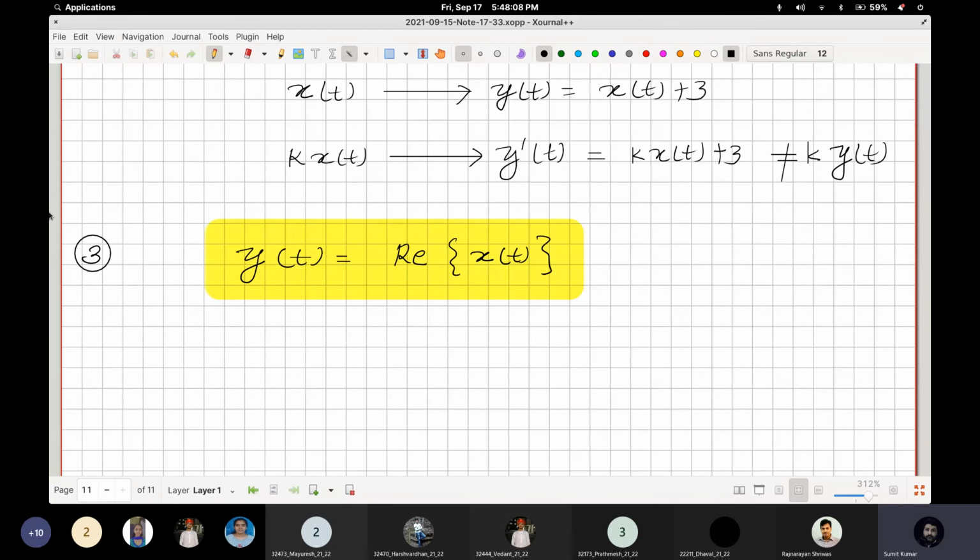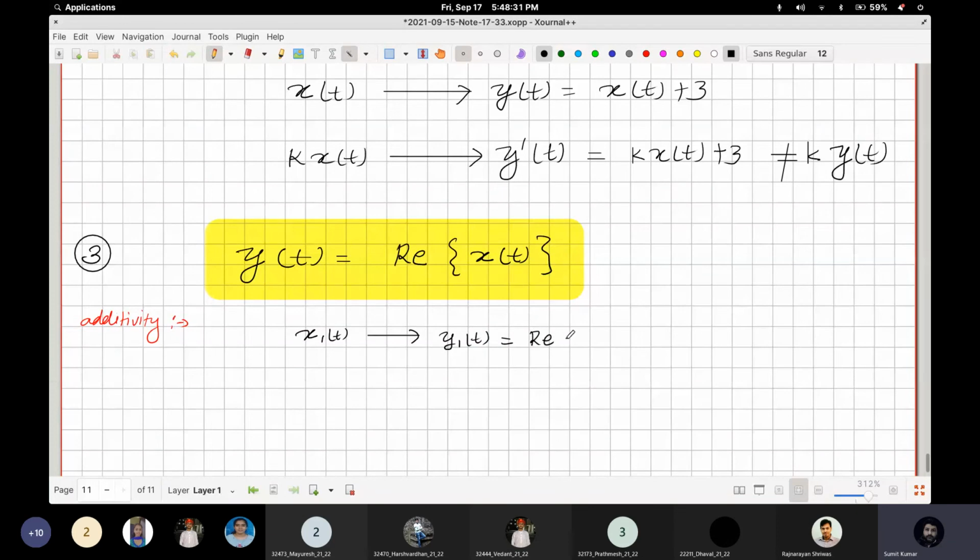So this system is actually going to be additive. Let's see that. First we are going to check for additivity. If you give x1t, what will you be getting? y1t. And what will be y1t?